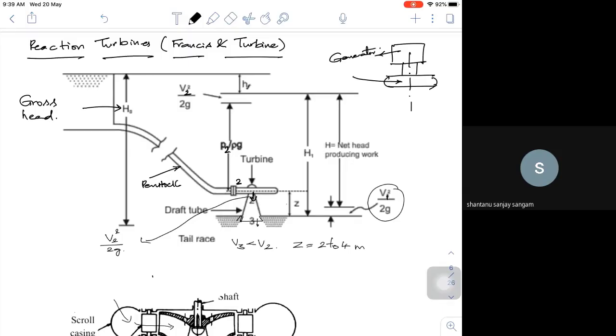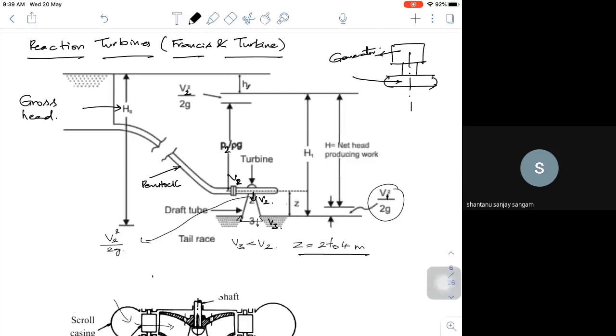And the height at which your turbine is placed above your tail race, roughly in most turbine power plants, is between 2 to 4 meters. Suppose I take V1 as the velocity with which the fluid enters your turbine, V2 as the velocity with which the fluid exits the turbine, and V3 as the velocity with which your fluid exits the draft tube.